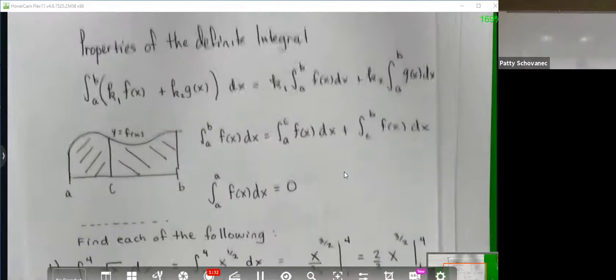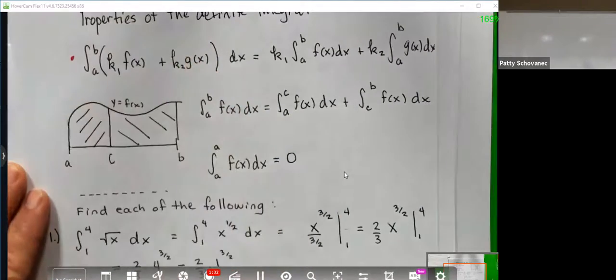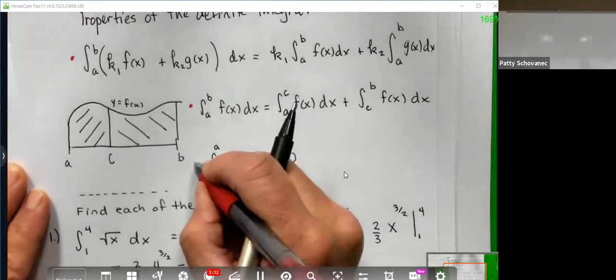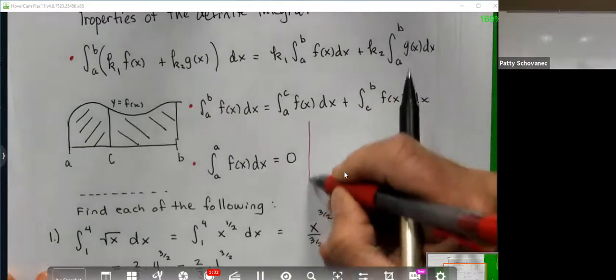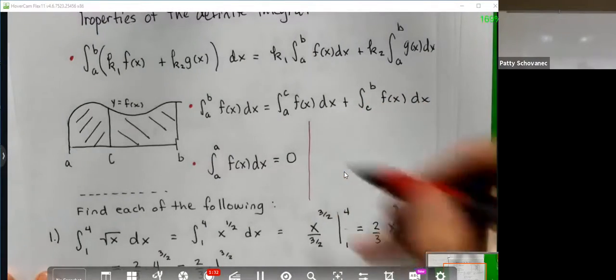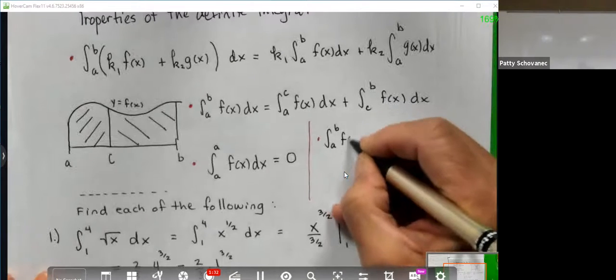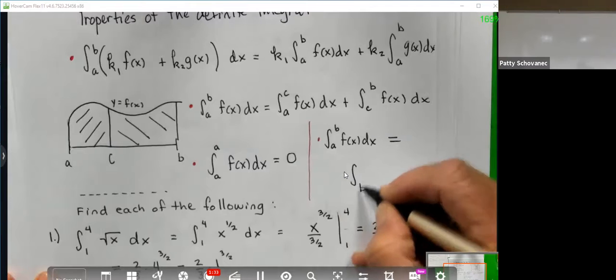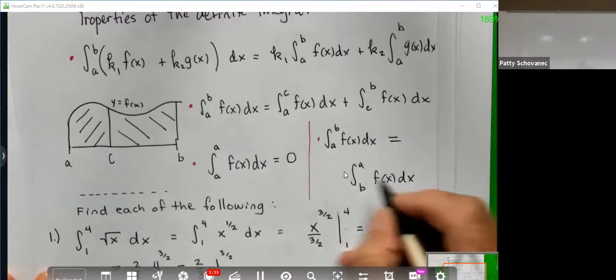Let's go back over to here for the properties of the definite integral. We've got the linearity property. We've got that I can break it up into a sum of several integrals, the area above a point, and now one more. Let's add this one to it, that the integral from a to b of f of x dx is the same as the integral from b to a, but opposite in sign.